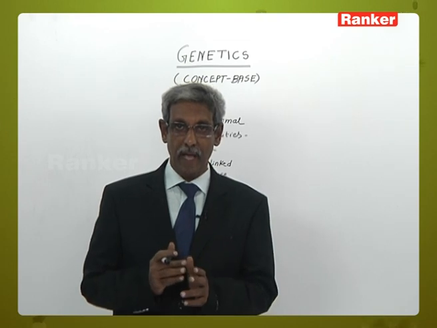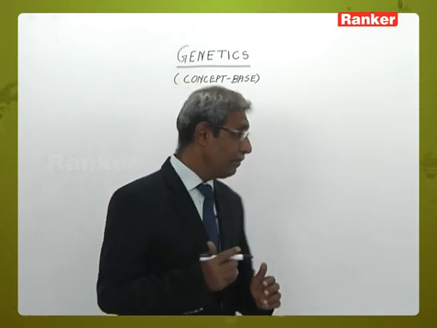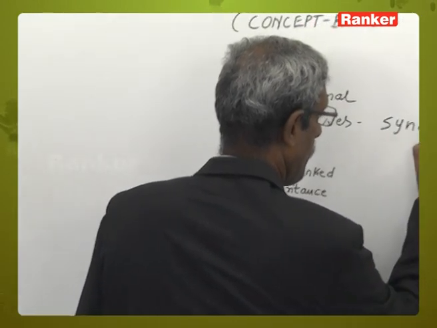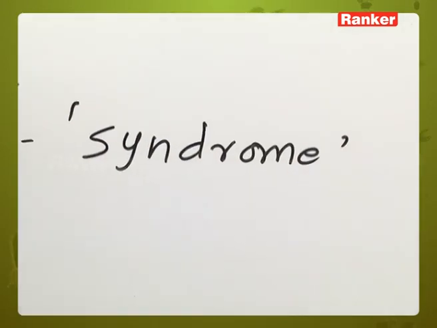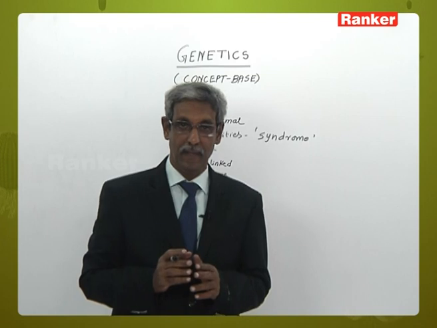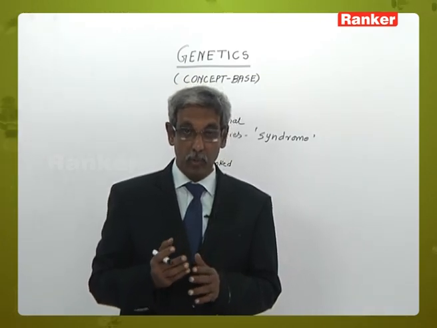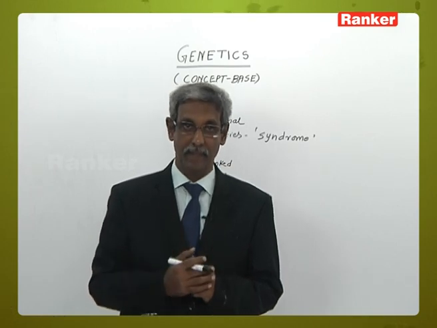First of all, we have the syndromes. A syndrome is a term which is used for a cluster of phenotypic characters, which are caused due to increase or decrease in the chromosomal number.